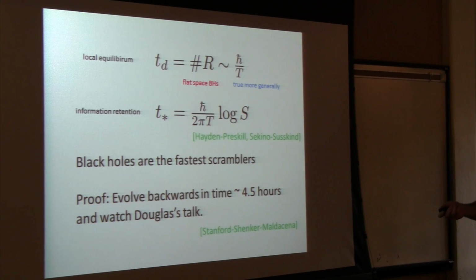And so then Sekino and Susskind conjectured that black holes are the fastest scramblers, meaning they do whatever this thing is as fast as possible. And the proof, just evolve backwards in time, 5 hours, and listen to Douglas's talk. Okay. So this is also true. So not only do they store information as densely as possible, they also process it very rapidly.